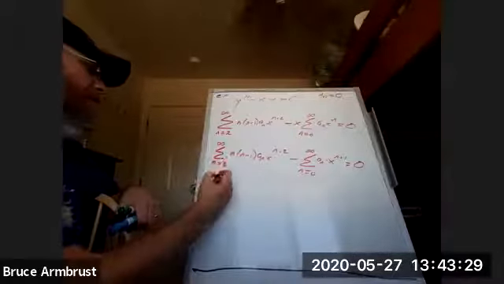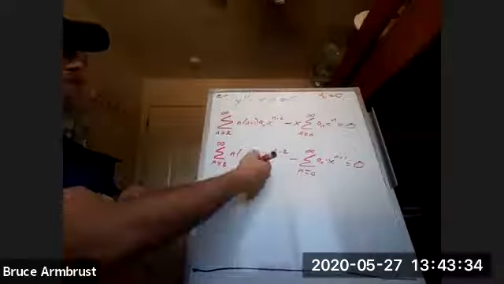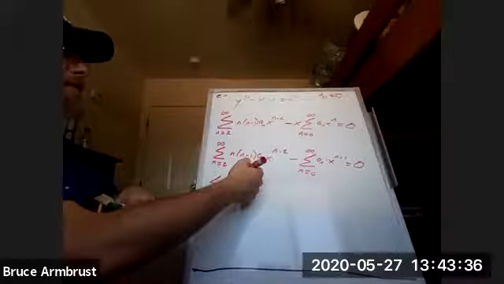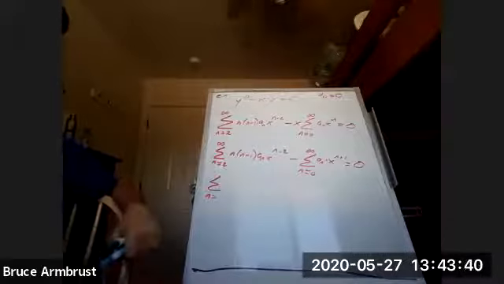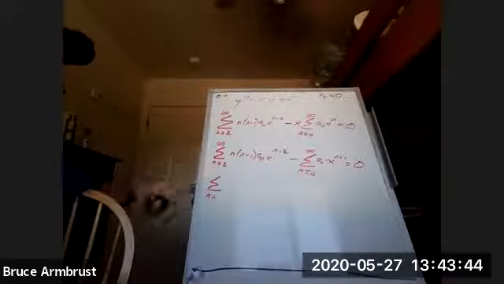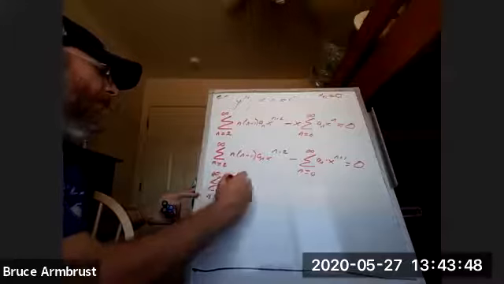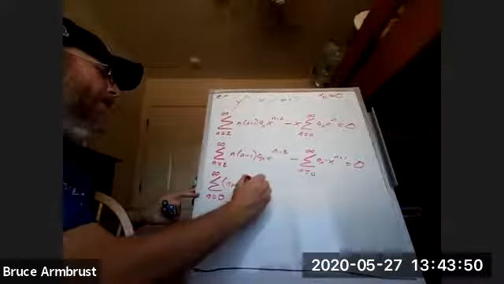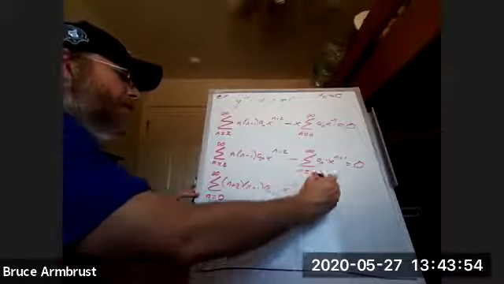All right, so if we shift it by 3, well, you know what? No, here's what we're going to do. Let's shift them so that they're both x to the n. So I'm going to shift this one by 2. We'll go from 0 to infinity, n plus 2 times n plus 1 times a sub n plus 2 times x to the n.